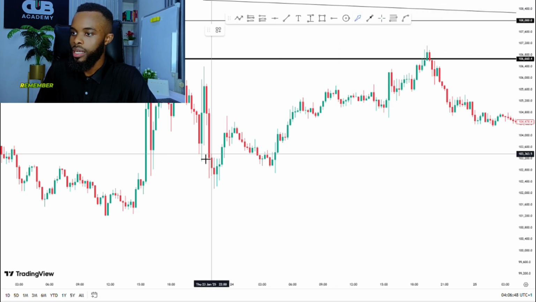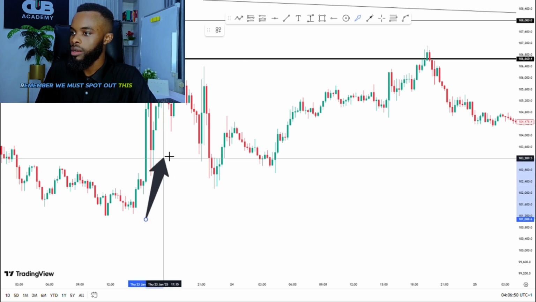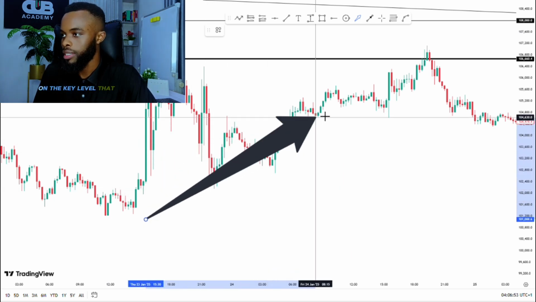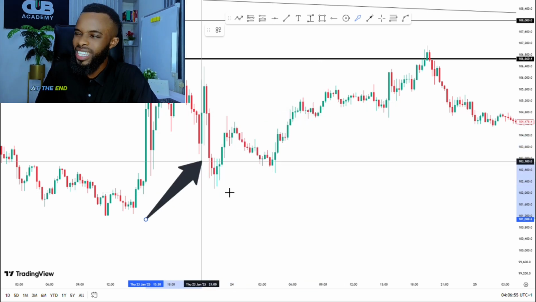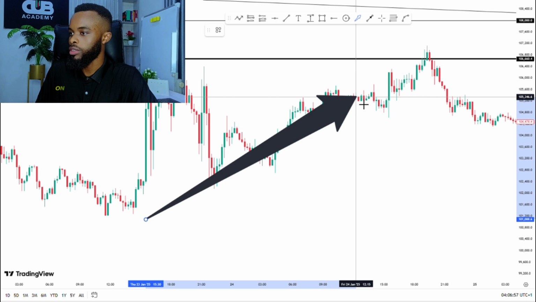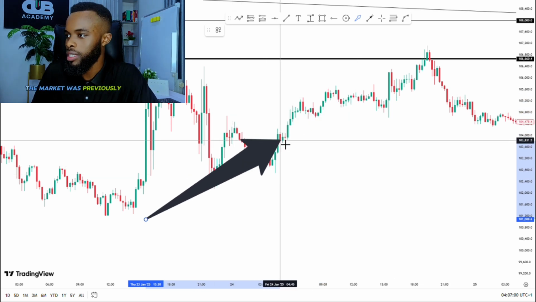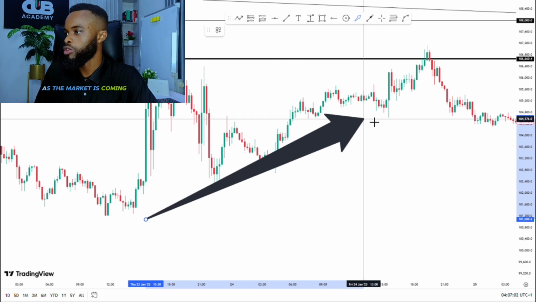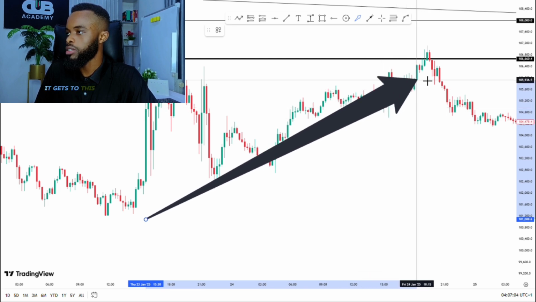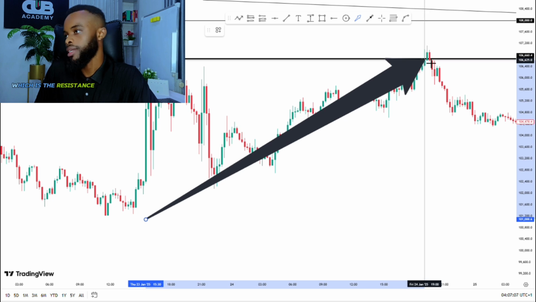Remember, we must spot this on the key level. That is number 1, and we must make sure that it's at the end of a particular trend. In this case, the market was previously in an uptrend. As the market is coming up, it gets to this zone, which is the resistance zone or supply zone.